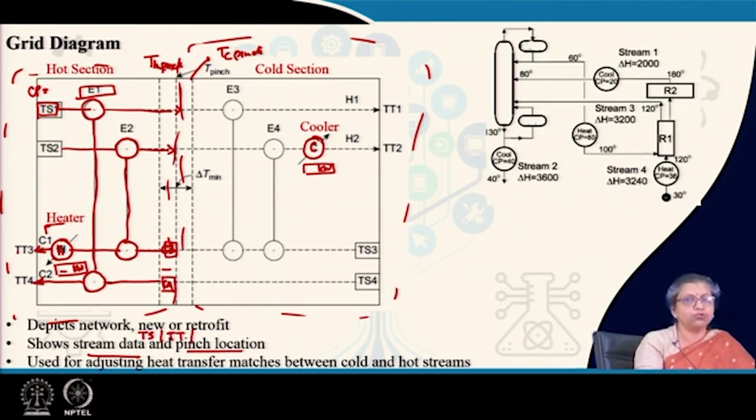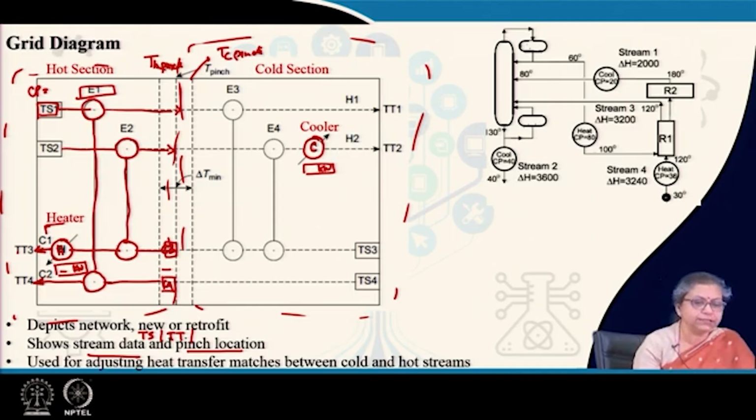It is supposed to show you the pinch location, the heat exchange schemes, the streams across which heat exchange is taking place, and the placement of heaters and coolers. So this is a complete diagram used for adjusting the heat transfer matches between the cold stream and the hot stream. This is done once for the hot section and once for the cold section. Once the two are done, they are combined and we get the complete picture.